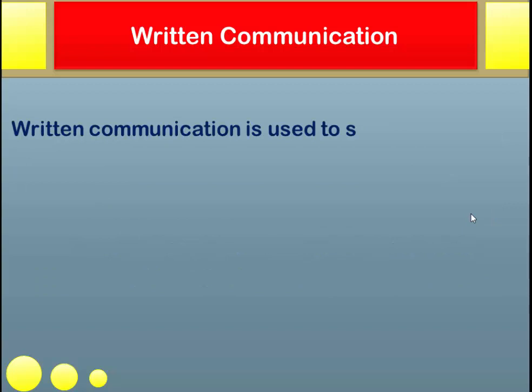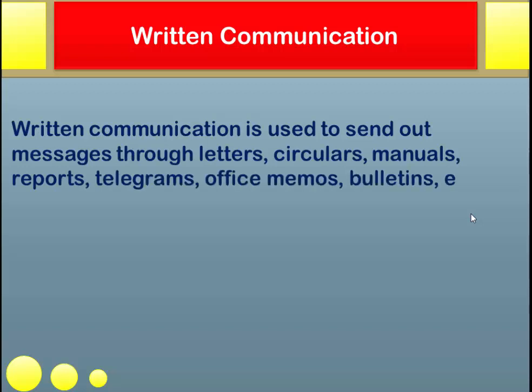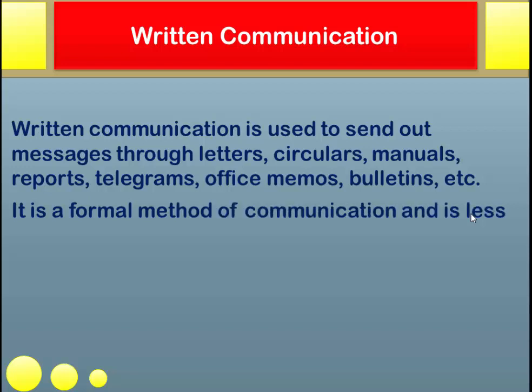Written communication is used to send out messages through letters, circulars, manuals, reports, telegrams, office memos, bulletins, etc. It is a formal method of communication and is less flexible. So it's a formal method.